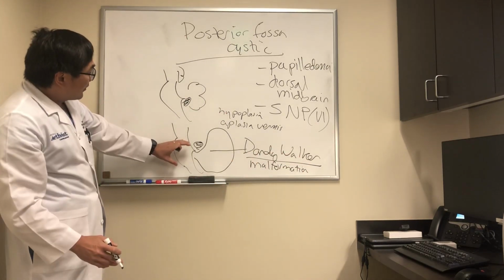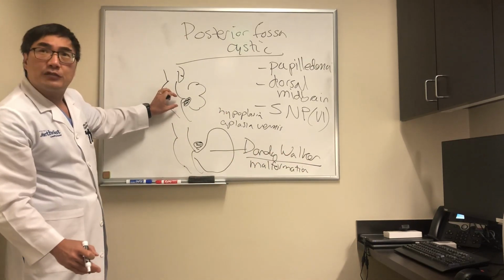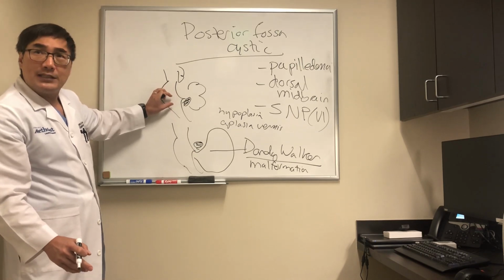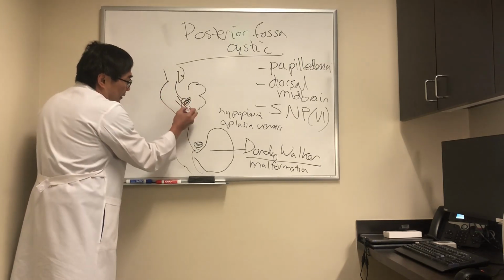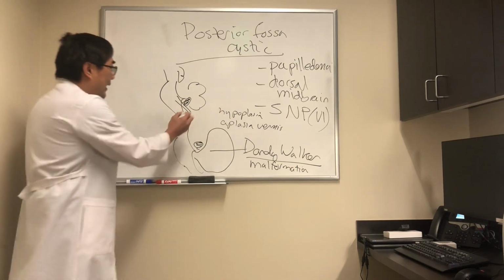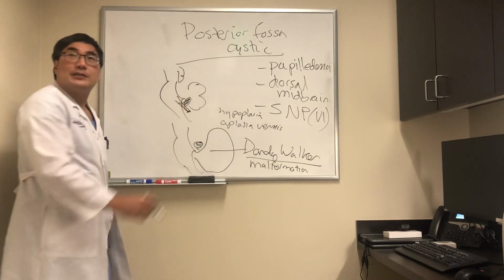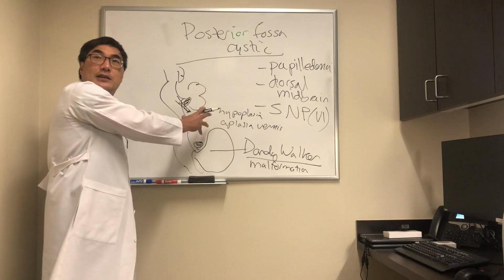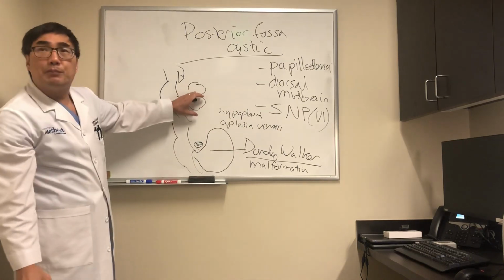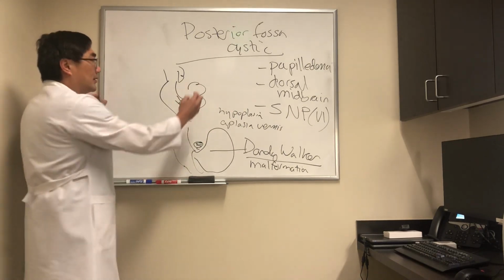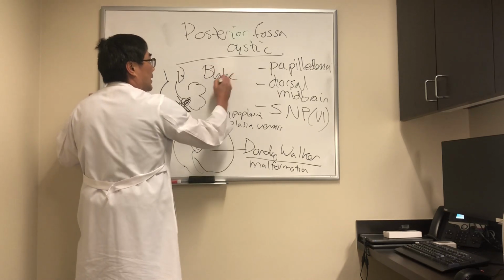Then you can have problems from the lack of fenestration of the foramen of Magna. So if you have the Magna foramen here and it doesn't do its job, it's not fenestrated, then you'll get a big cyst right here. And that thing is called the Blake's pouch cyst.